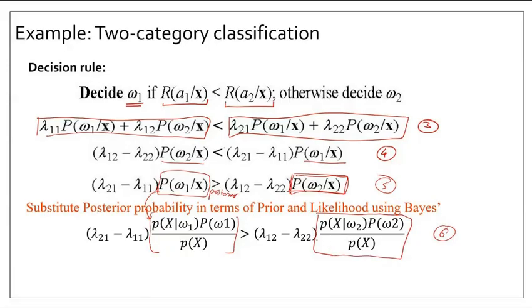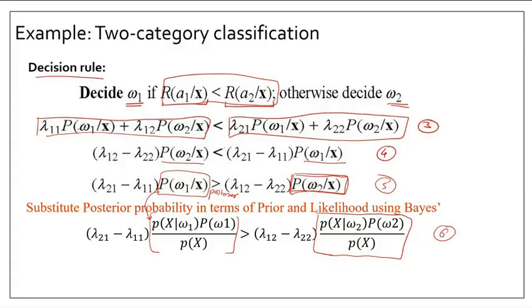What we have done is we have started with the definition of risk. Then we have decided this is my decision rule: if risk of alpha 1 given x is less than risk of alpha 2 given x, decide omega 1, otherwise decide omega 2. Now let us assume that this is the condition.